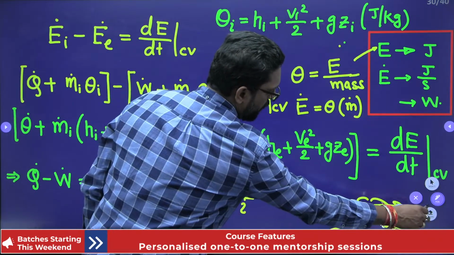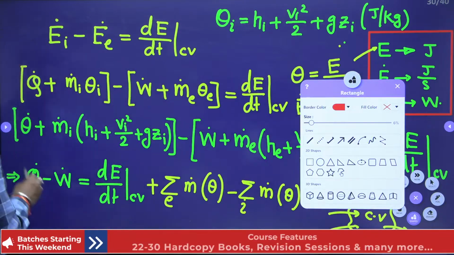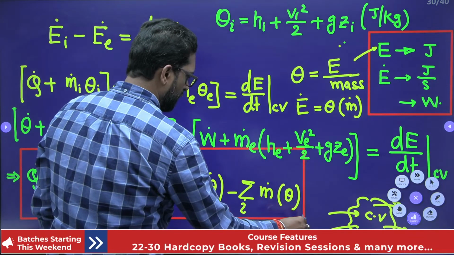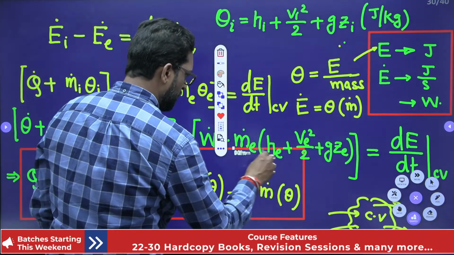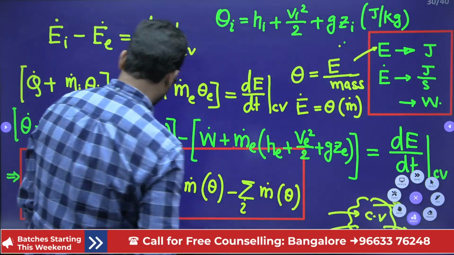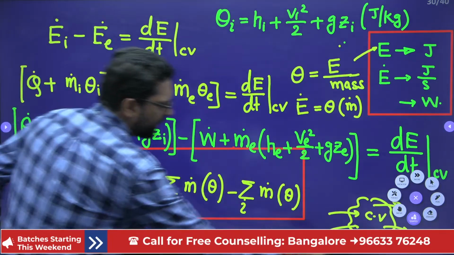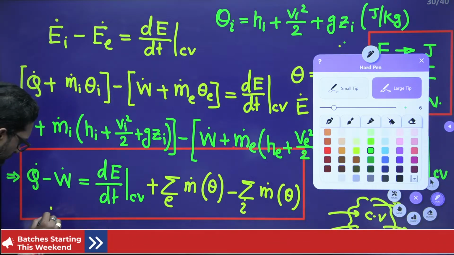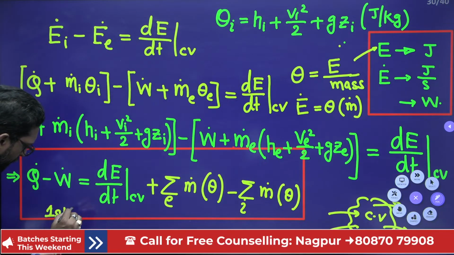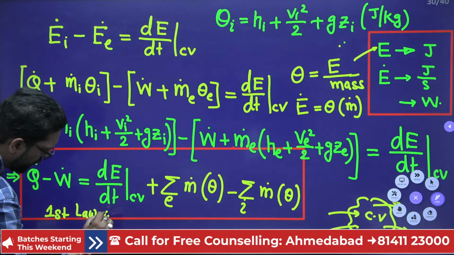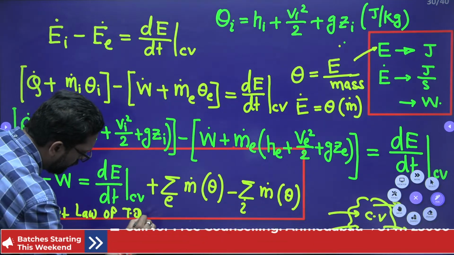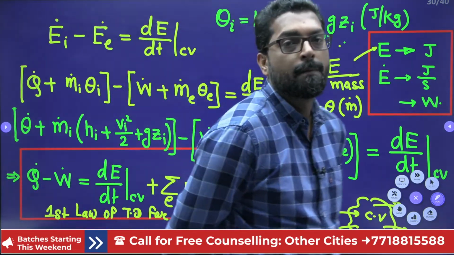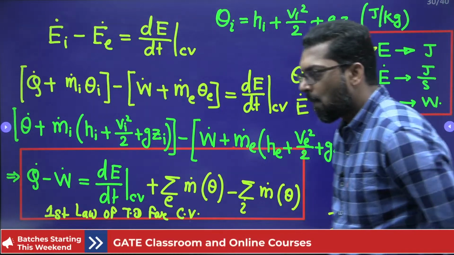So this equation, beta, is the first law of TD for control volume. Okay.